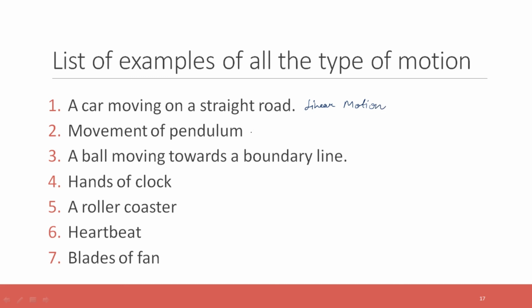Write the answer in the chat box. Some of you are saying it is periodic motion and some of you are saying it is oscillatory motion. Both are correct. It can be periodic and oscillatory also.